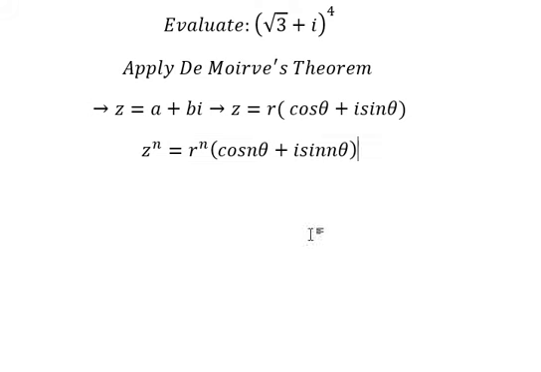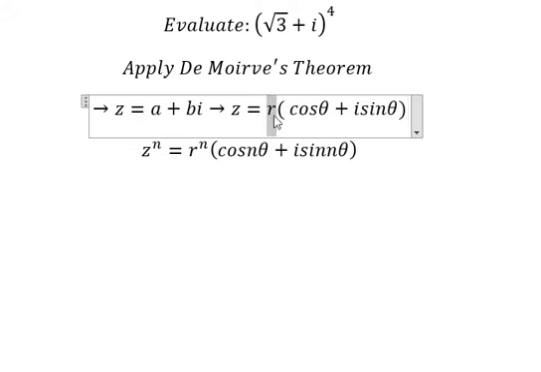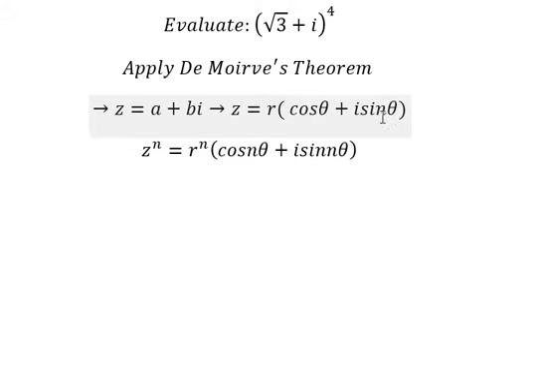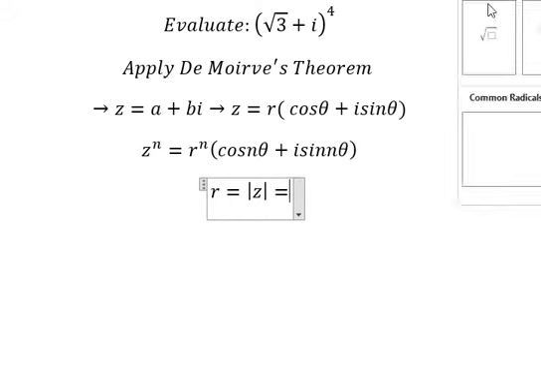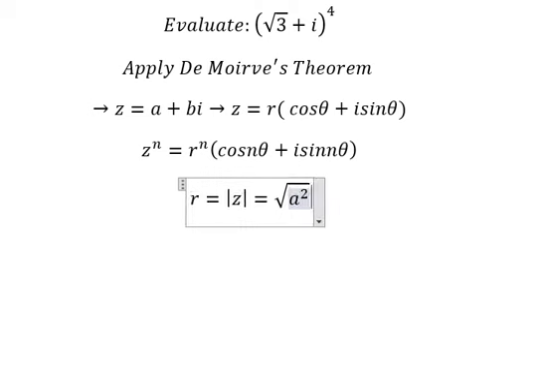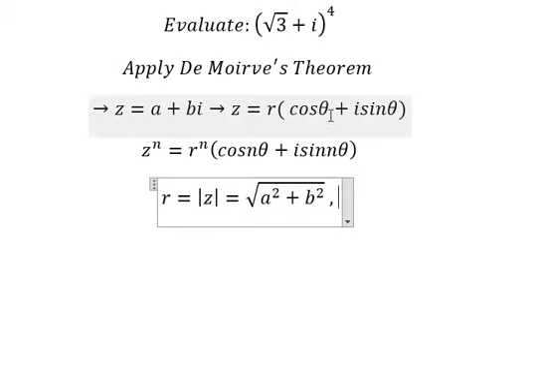Now we can find r in here and theta in here. For r, that should be the absolute value of z, which equals the square root of a squared plus b squared.